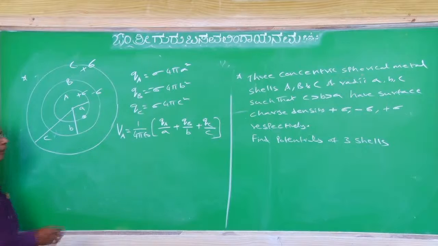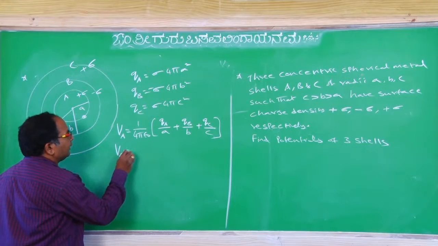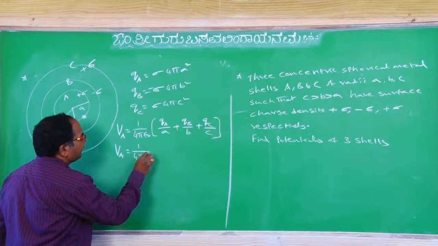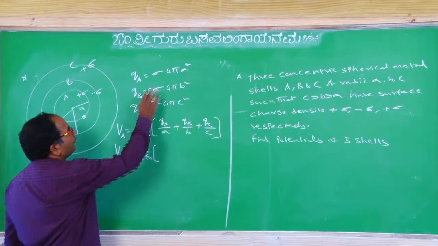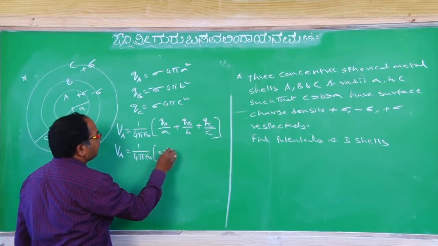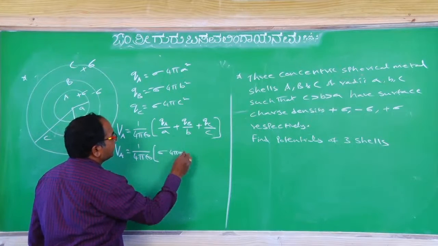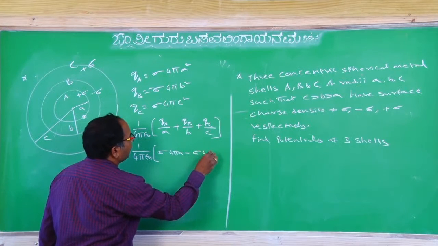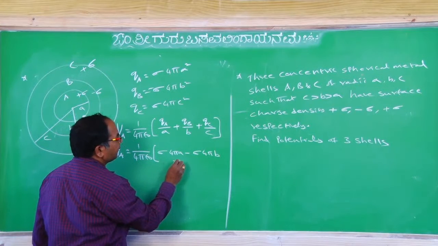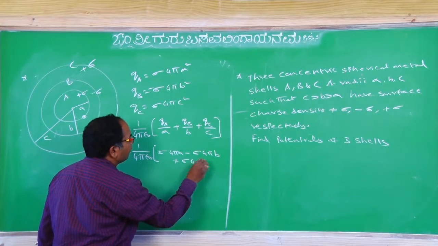Yes or not? So here VA is equal to 1 by 4 pi epsilon naught into QA by a, which means sigma into 4 pi a square by a, minus sigma into 4 pi b, plus sigma into 4 pi c.